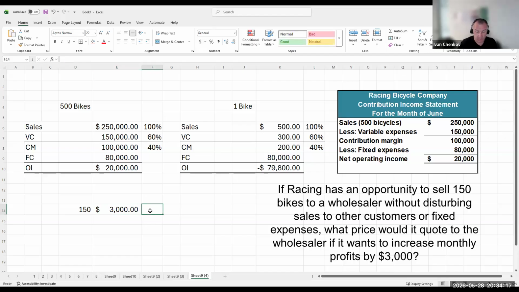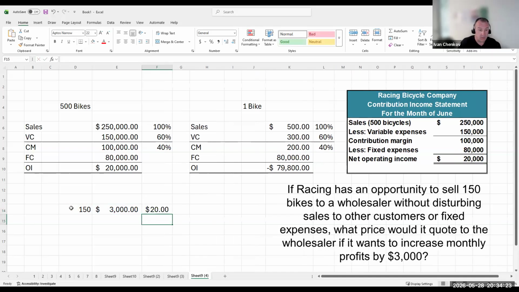In other words, I want $20 profit per bike. So if I generate $20 per bike, that's going to guarantee me 3,000. Currently, I'm selling the bike for 500.